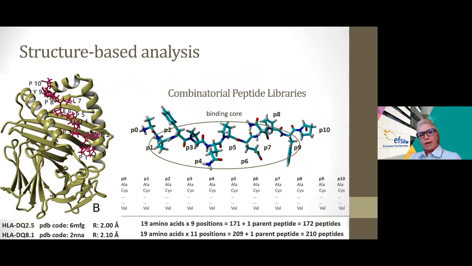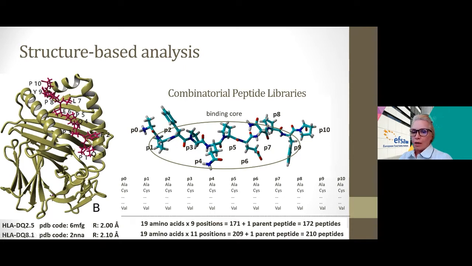For the sequence-based analysis, we use the crystal structures of HLA proteins in complex with binding peptides. The binding peptide from each complex was used as a parent for the construction of a combinatorial peptide library, using the method of single amino acid substitution, which means that each amino acid at each position was substituted by the rest of the 19 amino acids.